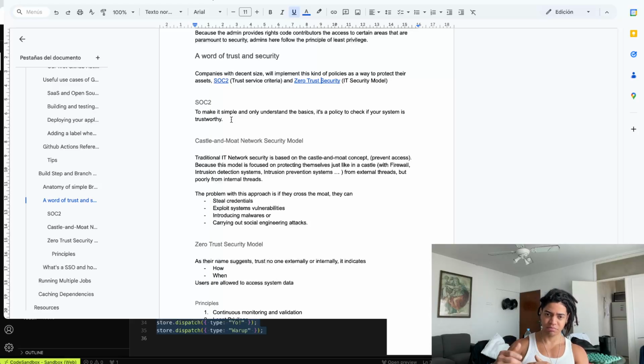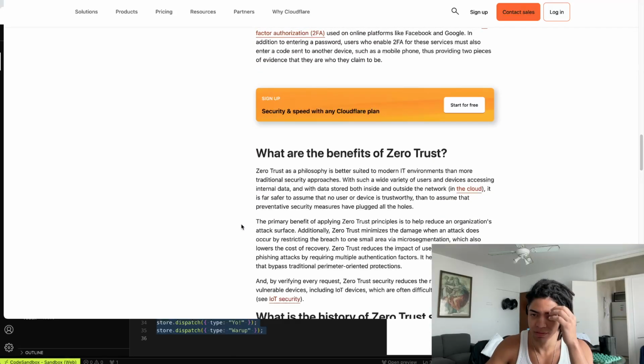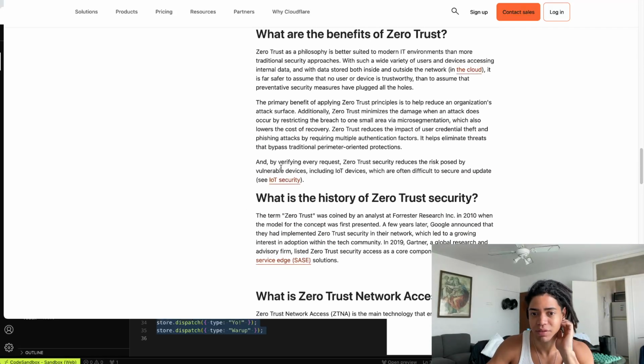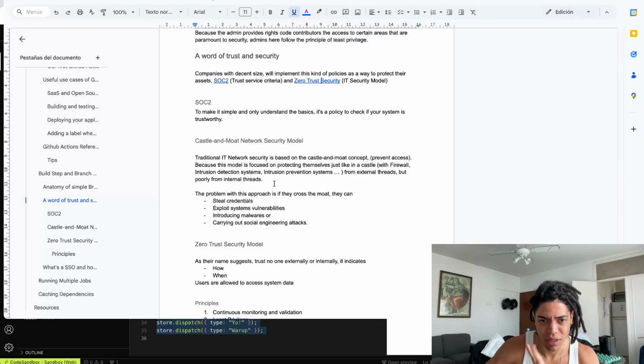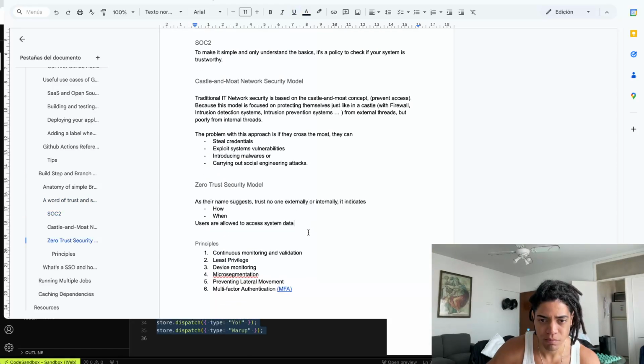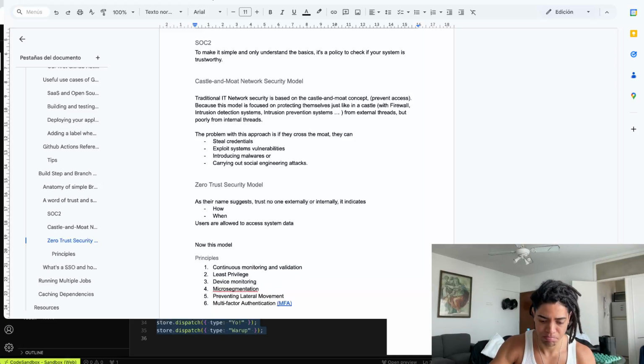Now, this model, and I want to write this down, has main principles that are continuous monitoring and validation, principle of least privilege, and device monitoring.